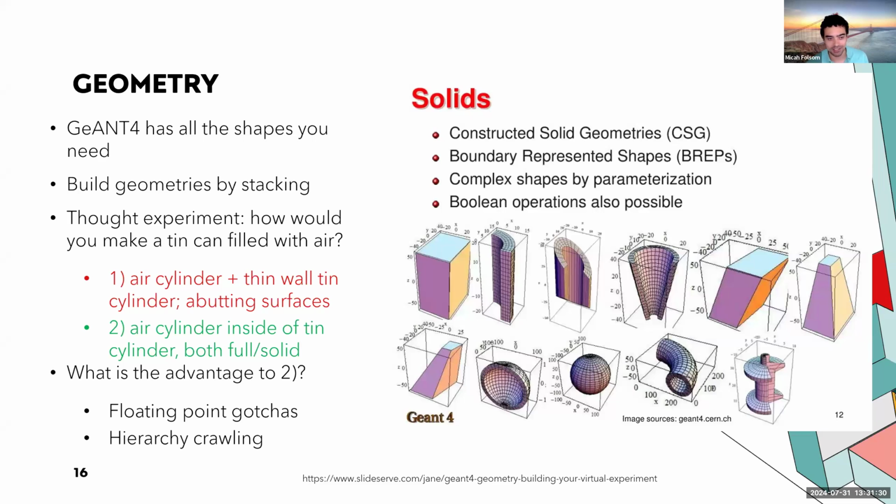And however big that air cylinder is will define the boundary between the two. And now there's no problem, right? So you deal with the floating point gotcha, and there's also a bunch of performance, hierarchy crawling, computer sciencey stuff that this has advantages in. So just so you see, there's a huge number of geometries. Pretty much everything you need is in here, including surfaces, if you just need to do a surface.